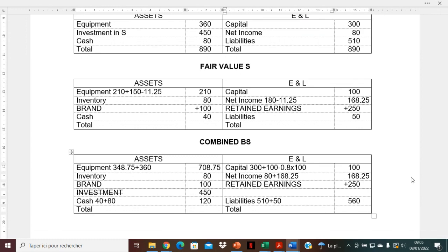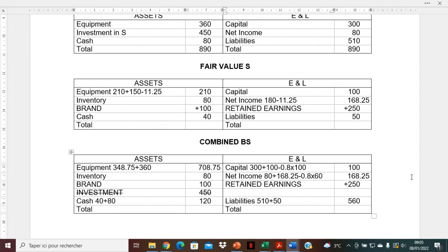Here in the net income, I have to be careful, because now I need to eliminate, obviously, 80% of the profit that existed when I purchased the subsidiary. 80% of the profit that existed when I purchased the subsidiary is 80% of 60. So I keep the same numbers.